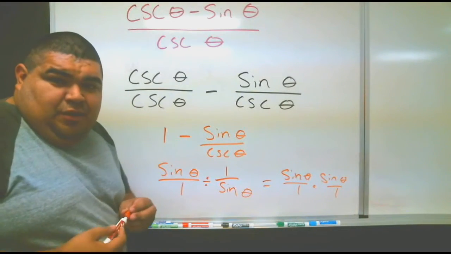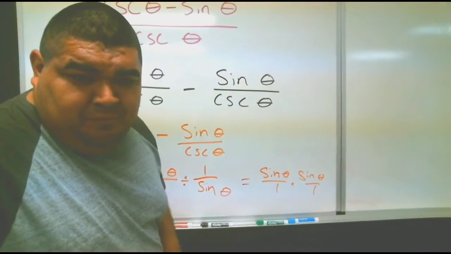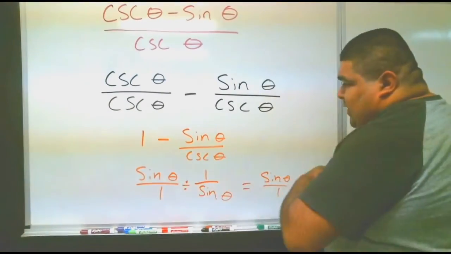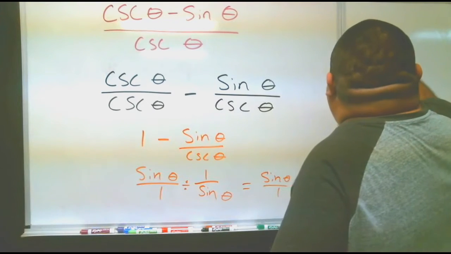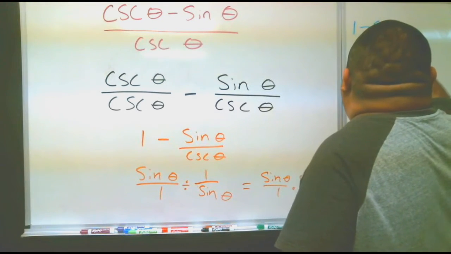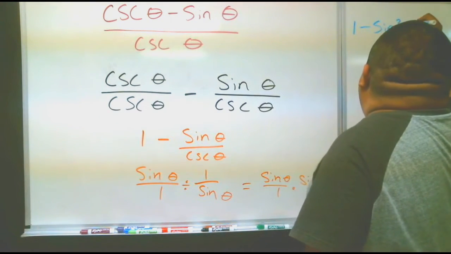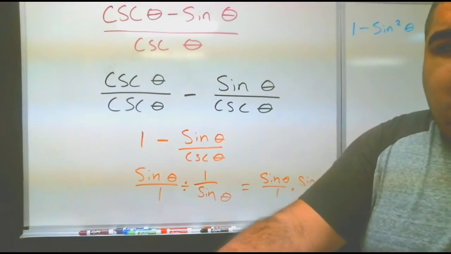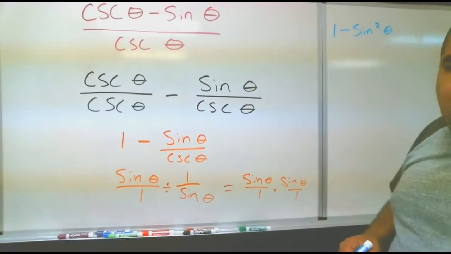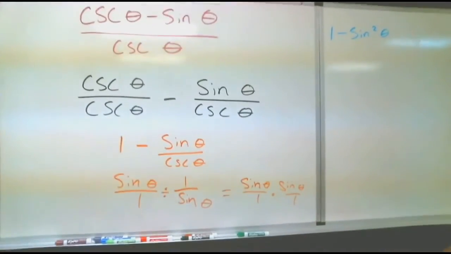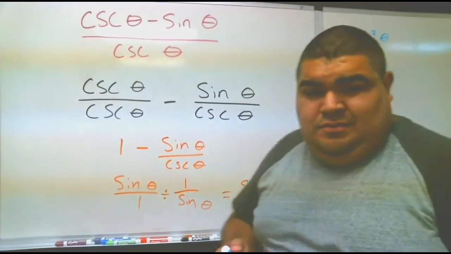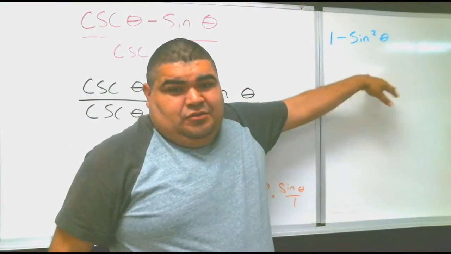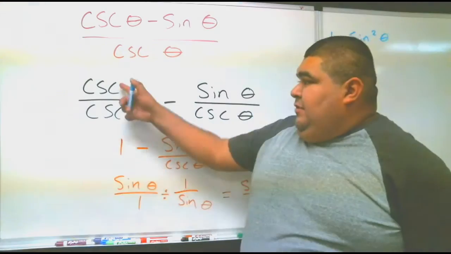So technically our problem becomes 1 minus sine theta squared. Probably was the wrong marker to choose there. Baby blue. So far we have 1 minus sine theta squared, because remember, this became 1.